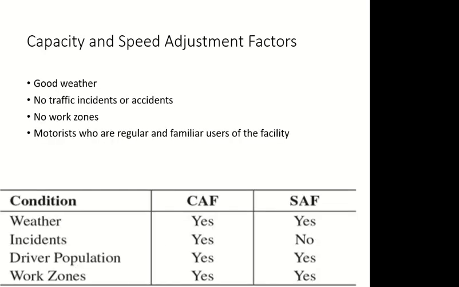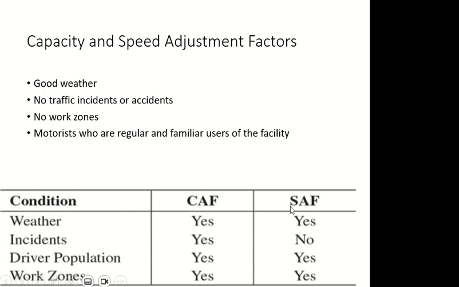Now you can see here, if I have a weather problem and I have a work zone problem, then weather will have an adjustment for capacity and an adjustment for speed, and work zone will also have an adjustment for capacity and an adjustment for speed. So for capacity I will have two adjustment factors, for speed I will have two adjustment factors.